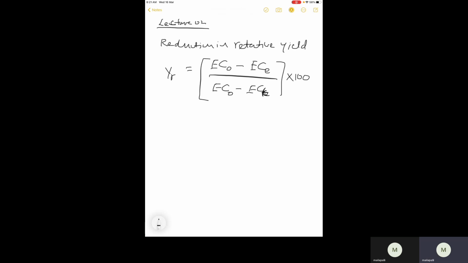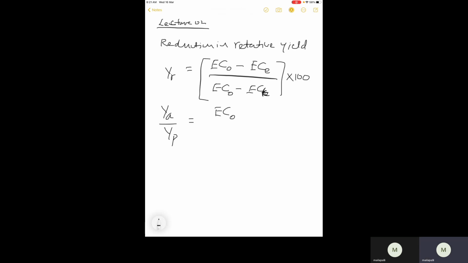Here YR is the relative yield, which is YA by YP, where YA is the actual crop yield divided by YP, the potential crop yield, or the maximum crop yield we expect.